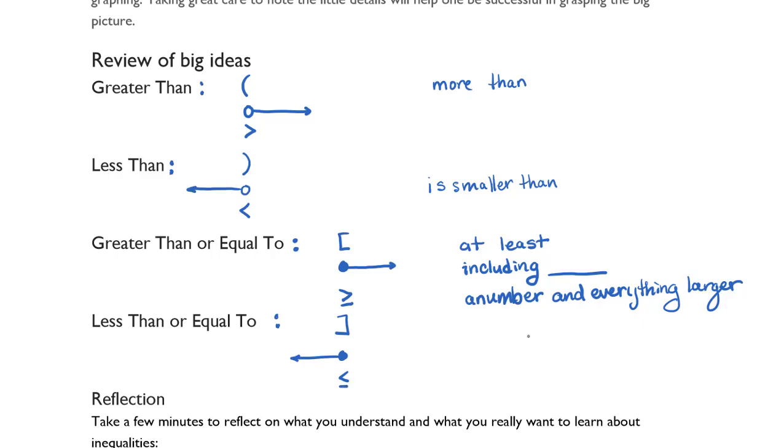Similar to greater than or equal to, we would say at most, including, and then that number. Any number smaller, so a number, or I guess it would be and every number smaller.